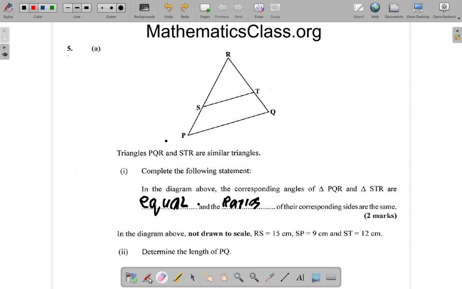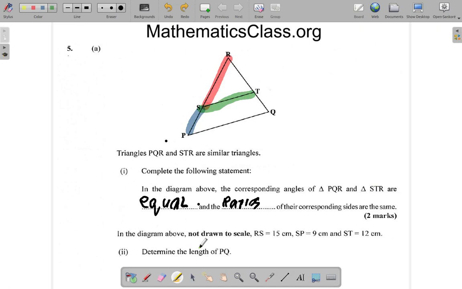In the diagram above, not drawn to scale, RS, this length, and SP, this length, RS is 15, SP is 9, ST, this length, is 12.